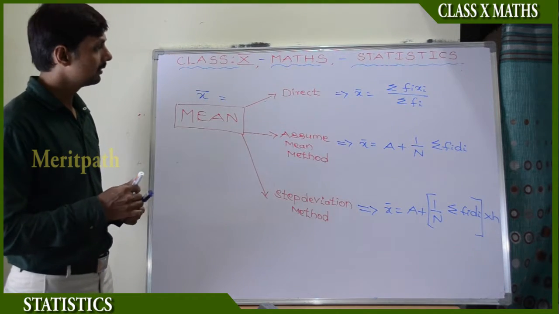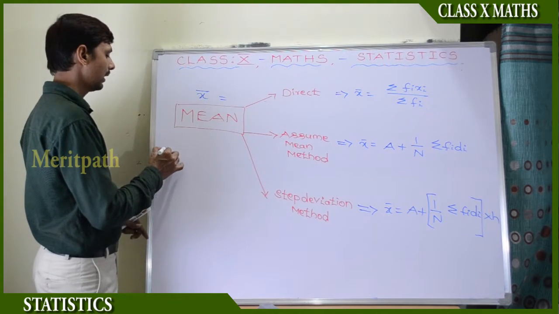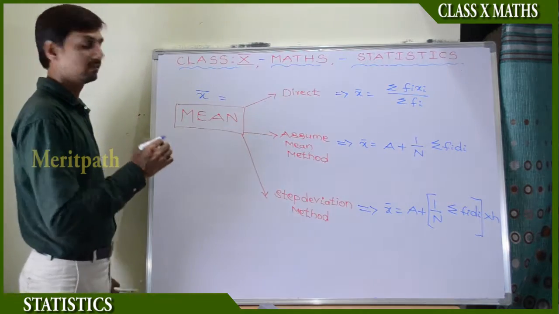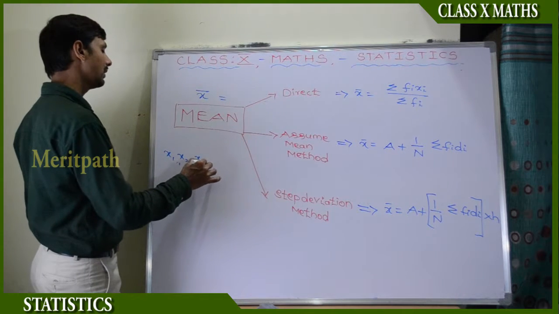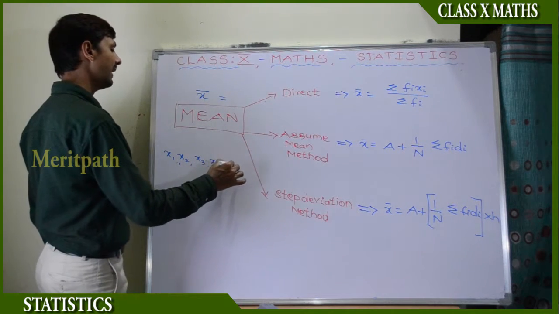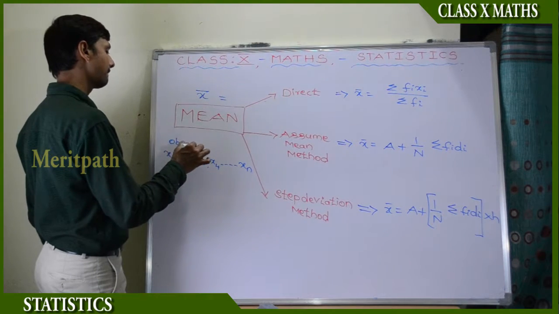Here we know that if some observations are given like x1, x2, x3, x4 and so on up to xn, these are the observations.